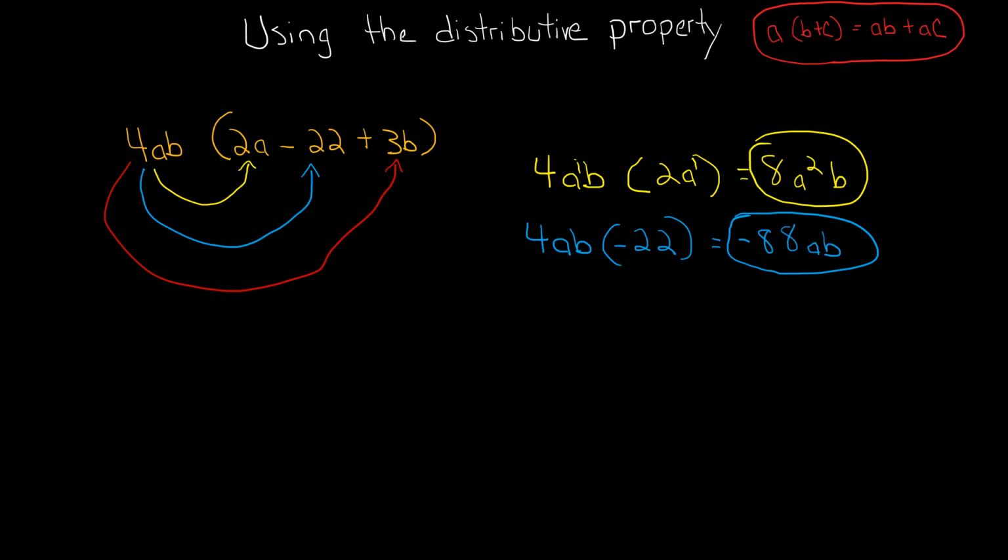All right, so let's go into the red. 4ab times 3b. Same procedure. 4 times 3 is equal to 12. We have the a. We can't do anything with the a. We have a base of b, b outside the parentheses, b inside the parentheses, which we have to multiply.